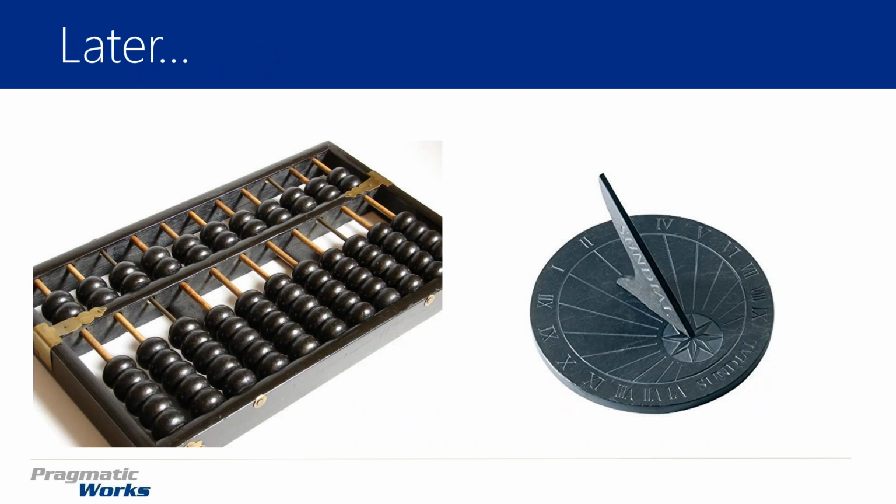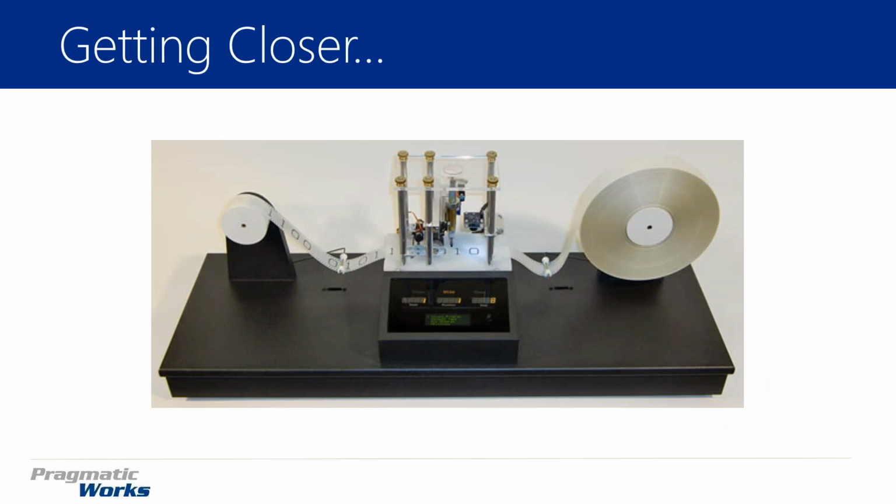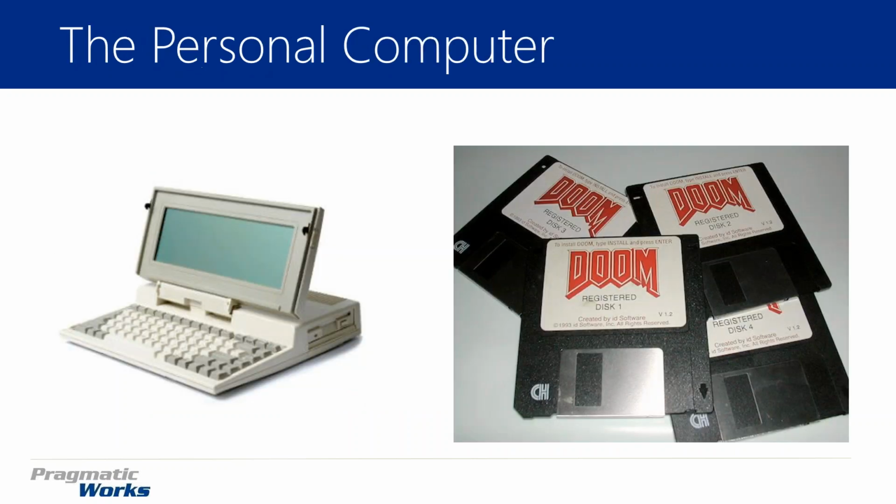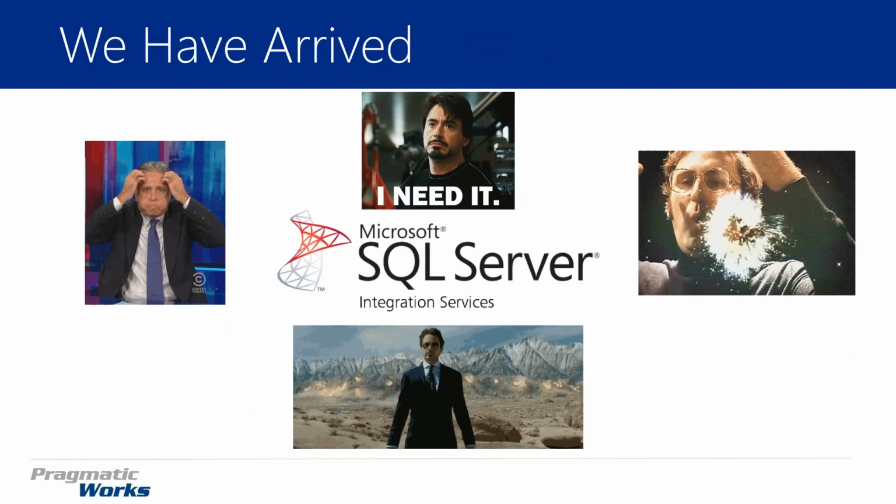So we progressed a little bit. We started to get our calculations in line, ways to check our logic, to check our queries. We got a little closer. We could tell if things were yes or no, and then we got a bit closer. Unfortunately, computer gaming came out and productivity really started to get worse. And if your boss wasn't looking over your shoulder or you had a short attention span, we had a hard time getting data from one source to another. But then, a young man in Seattle had a dream and it arrived. We had SSIS.